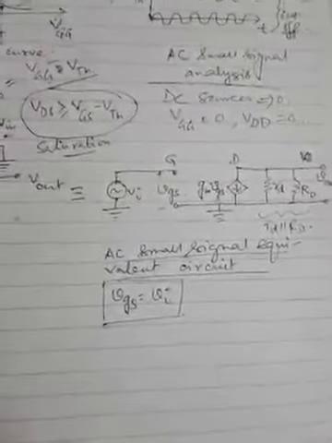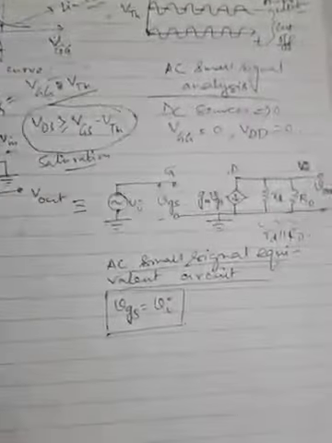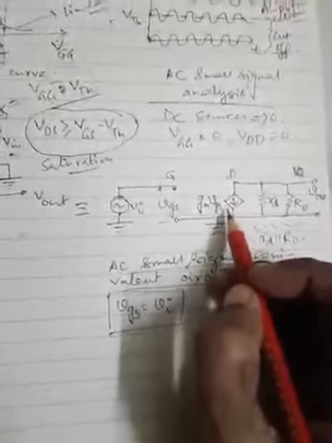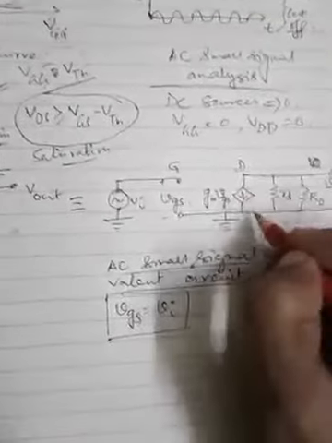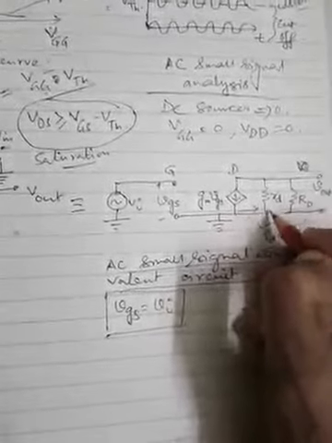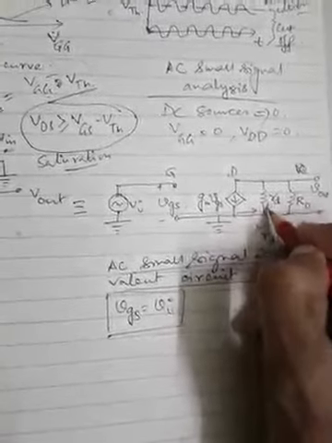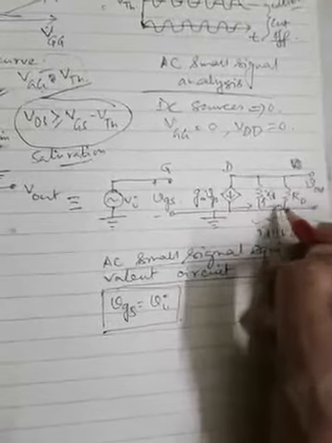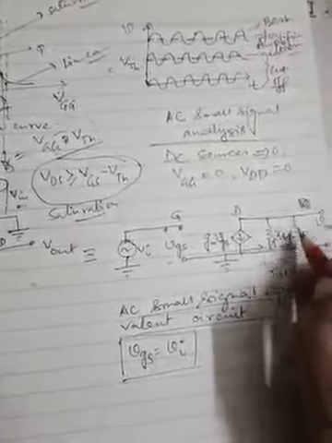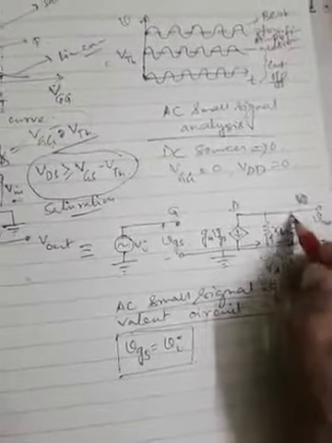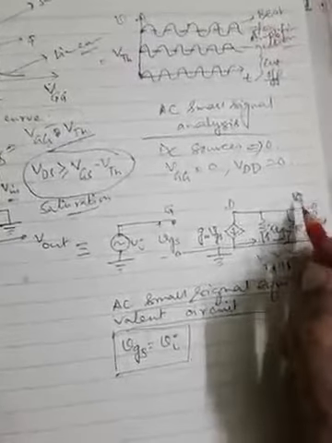So these two resistances combine to give the equivalent resistance, small rd in parallel with capital RD. If we now check the current flowing through these resistances, the current of value gm VGS will be flowing in this path and distributing in the two branches, through rd in this direction and through capital RD in this direction. It means the current through capital RD is flowing from down to up, that is from the bottom node to the top node.